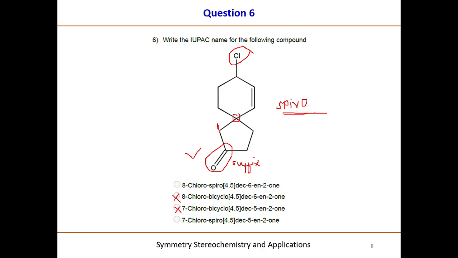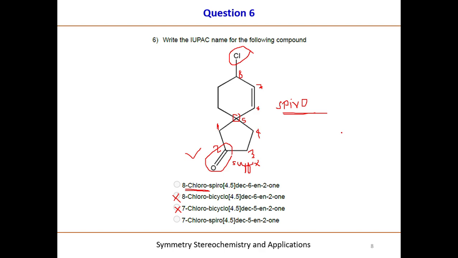So this is carbon 1, 2, 3, 4, then we move to 5, 6, 7, 8. At carbon number 8 we have the chloro group, so we write 8-chloro.